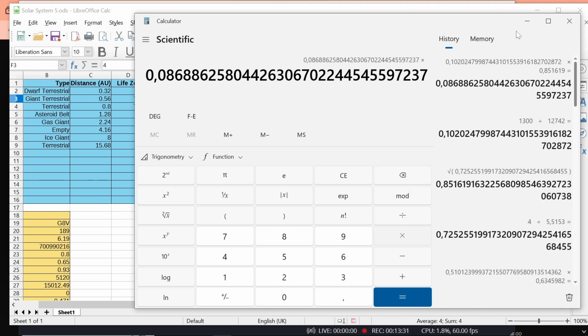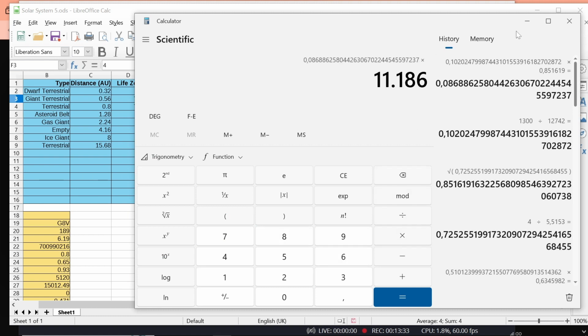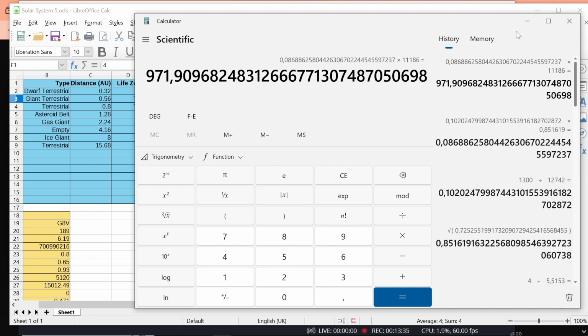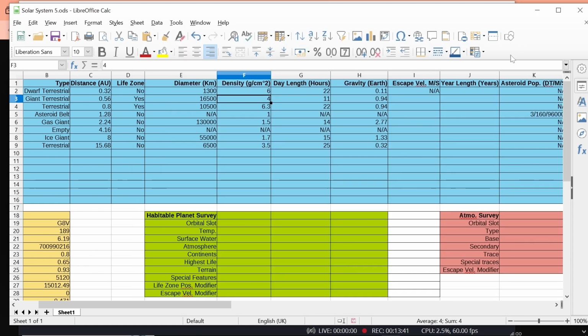So multiply by 11,186 gives us an escape velocity of 971. Wow, 971.9. I'll round that to 972. Don't need to put the points in there. It's not really important.